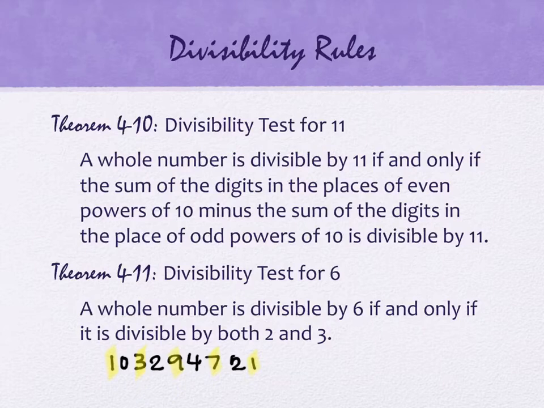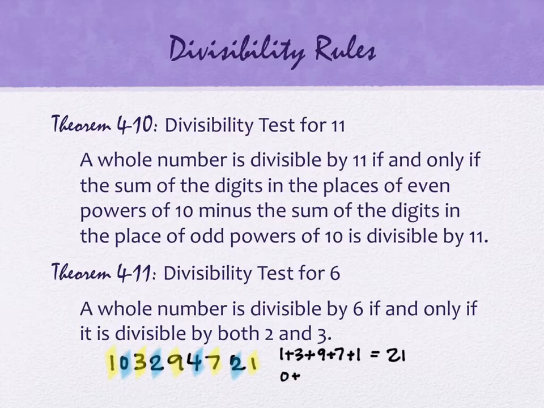And what we do is we add those together. So if I add up 1 plus 3 plus 9 plus 7 plus 1, we get 21. And then we're going to add up everything I skipped. I'll highlight them in blue just to be clear. We're going to add up 0, 2, 4, and 2.